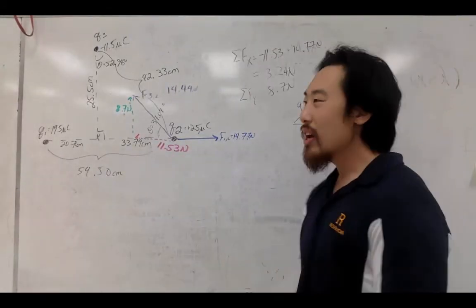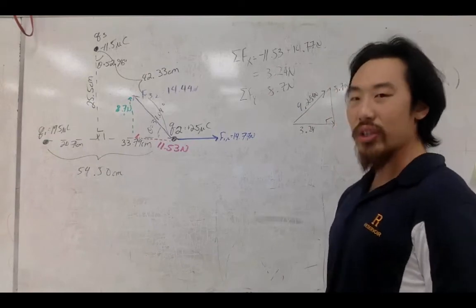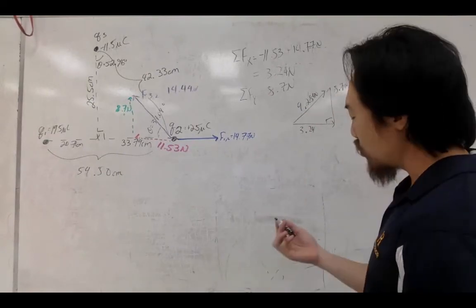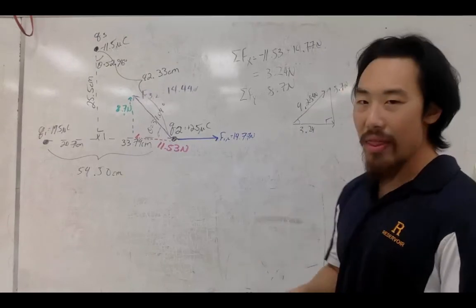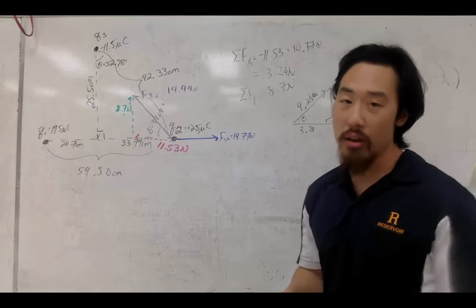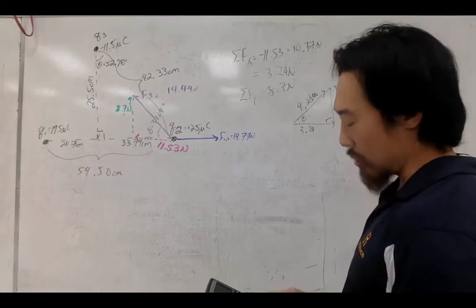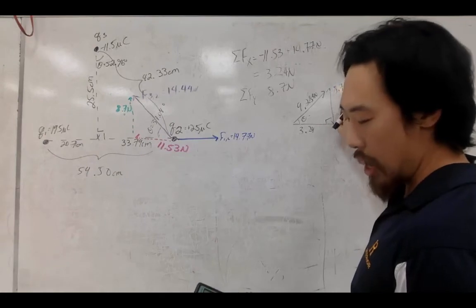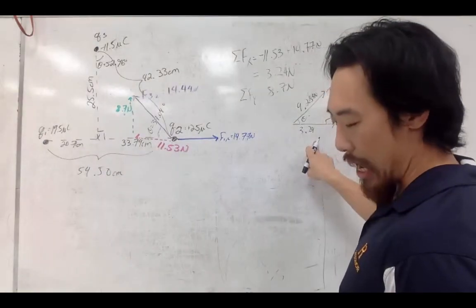However, we're not finished. We have to figure out the direction. So in order to do that, we have three sides of a right triangle. We can use our trig functions to figure out that angle. Choose your favorite one. I'm going to use the inverse tangent one because I have my opposite side over my adjacent side.